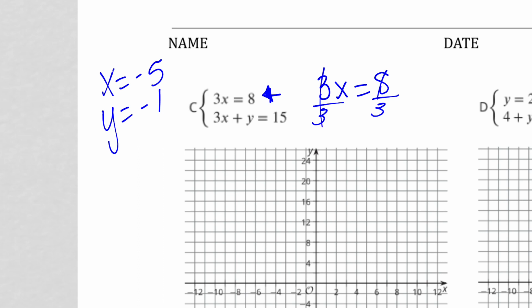So x equals 8/3. Let's put it in decimal form. How many times does 3 go into 8? Twice. So if I take out 2 threes, how many are left on the numerator?